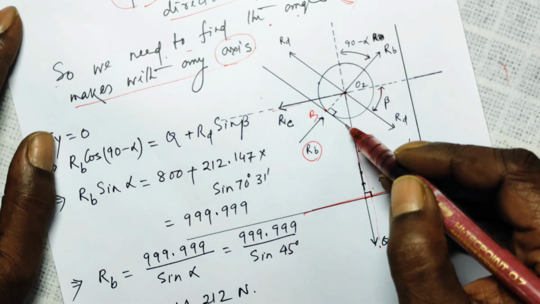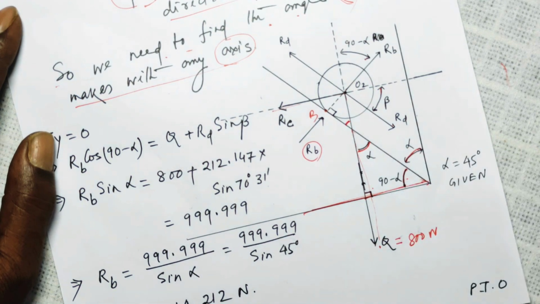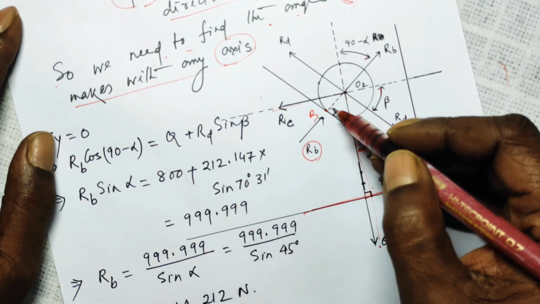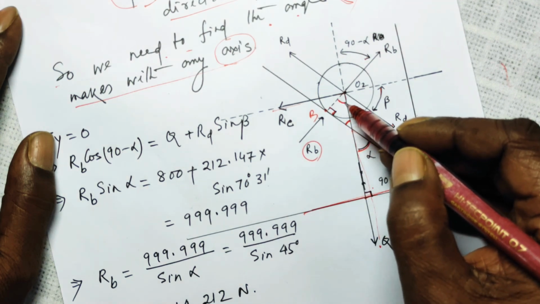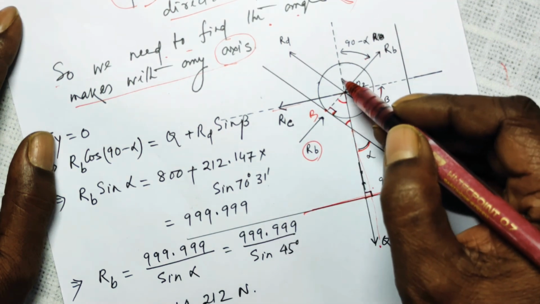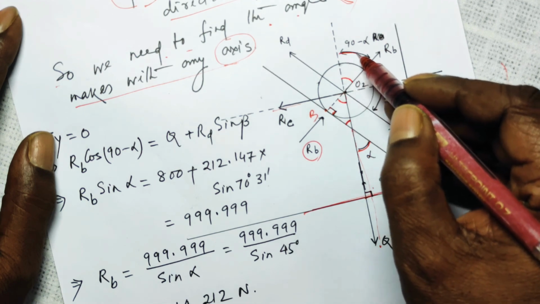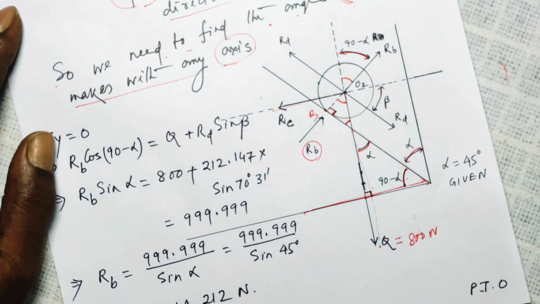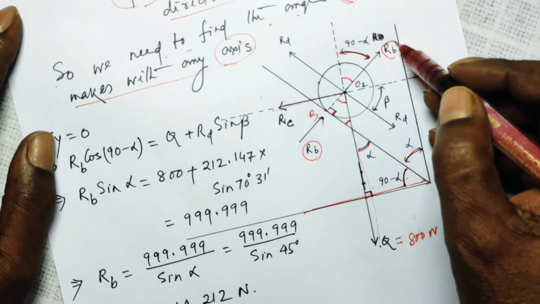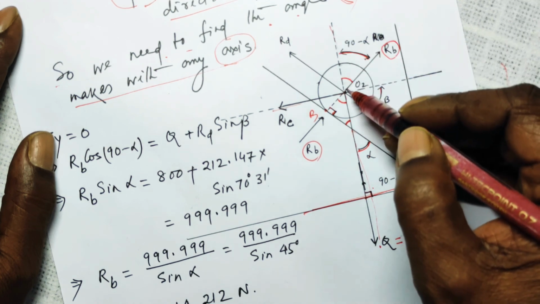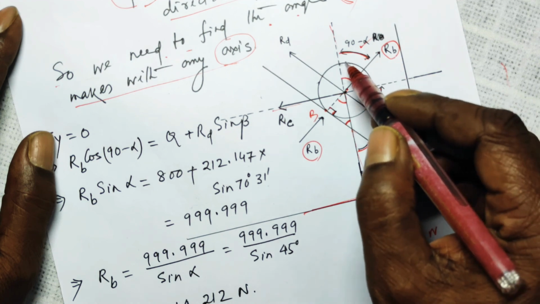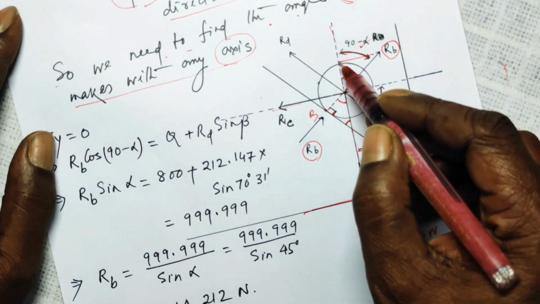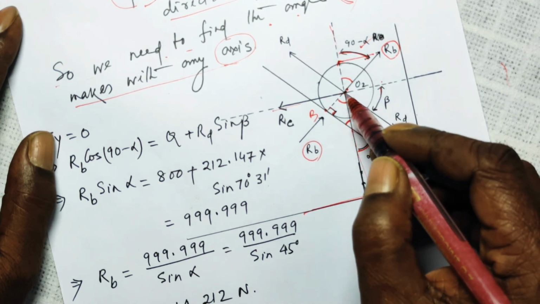Since this is alpha, then this angle will also be alpha, vertically opposite, and here it is 90. This is alpha, so this will be 90 minus alpha. So this one, which I have shown here, will be 90 minus alpha. So RB makes 90 minus alpha angle with the vertical. So one component will be from here to here, and another component will be from here to here.